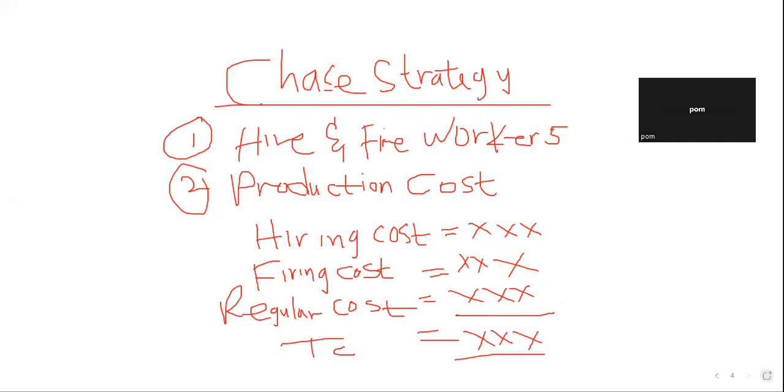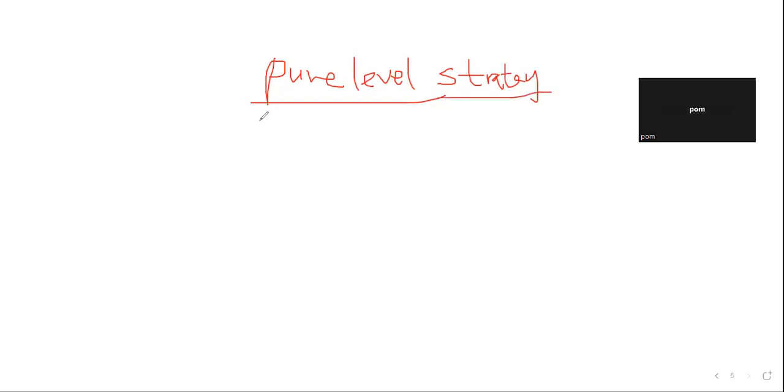All right. Then under the pure level strategy, what are we having? Here we have no hiring and firing. We want to maintain workers, like what happens if you work for the government, you get paid whether you like it or not. It's good for planning. So the costs involved here may be overtime cost.